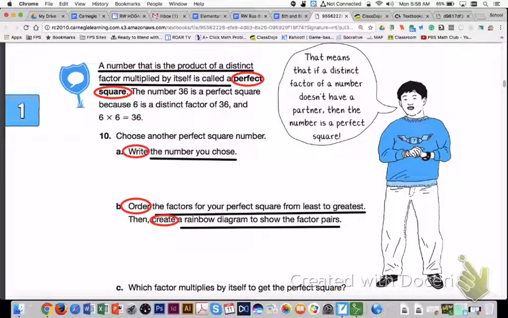A number that is the product of a distinct factor multiplied by itself is called a perfect square. The number 36 is a perfect square because 6 is a distinct factor of 36, and 6 times 6 is equal to 36. Please answer number 10, letters A, B, and C with your group.